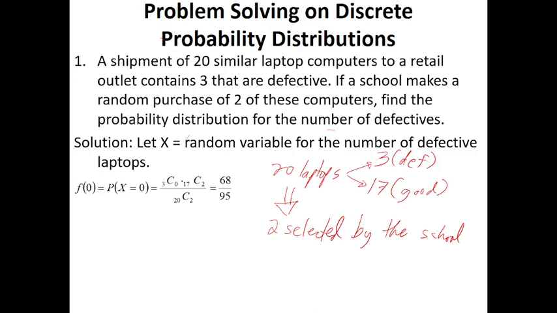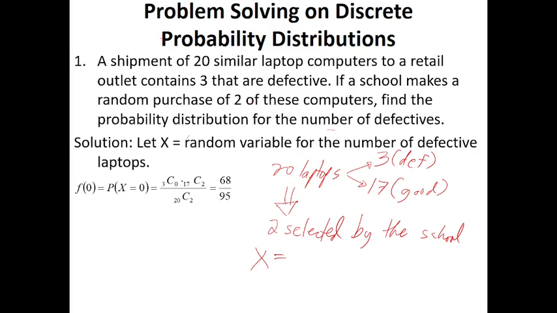So, tatlo yung gagawin natin. Nagawa na natin yung una. Ano lahat ng possible values ng ating random variable?